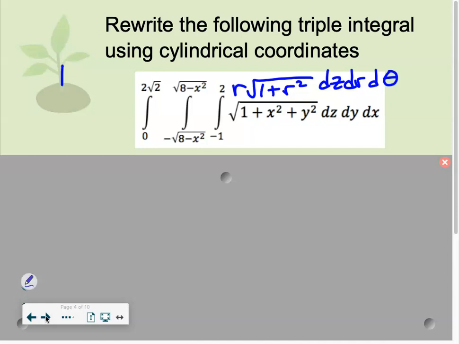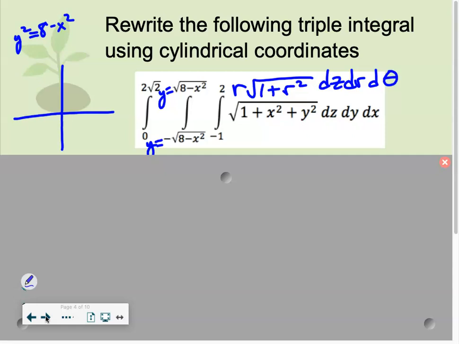So instead, what I would do is graph the region, and then we'll take a look and see what we've got. So remember, we have y equals negative root 8 minus x squared to y equals positive root 8 minus x squared. So remember, this is really just a semicircle. If you square both sides, you get x squared plus y squared equals 8.